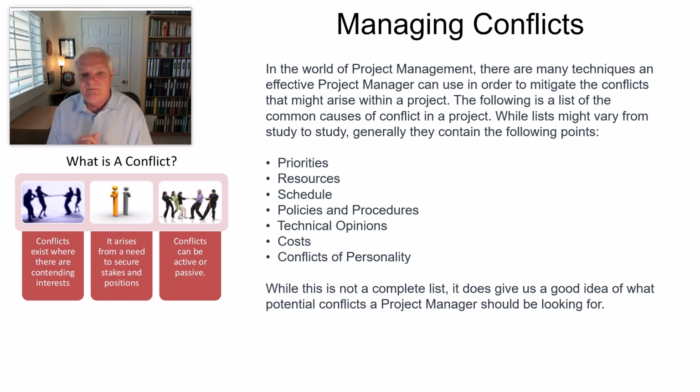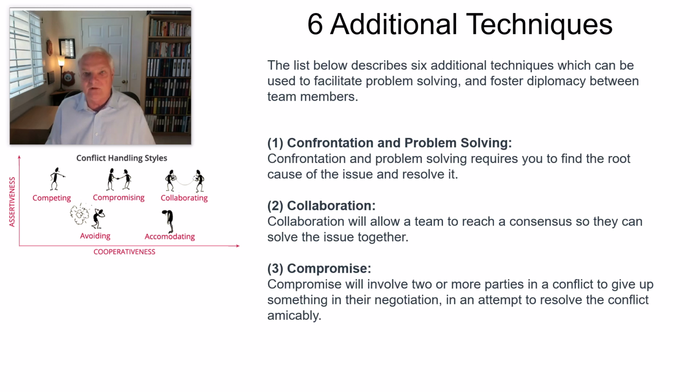Resources, if I don't have enough people at the right time, at the right place to get the right thing done. Schedule, if the schedule is too aggressive, if it can't be achieved, that will basically put people in a position where there is a conflict. Potentially policies and procedures. In addition to that, SMEs with technical opinions. The costs, and then conflicts of personality, where some people are just not team-based people. They prefer to work individually, and they just don't work well with others. Those are the elements that you're going to see from a managing conflict standpoint.